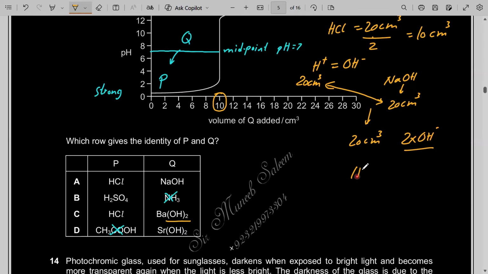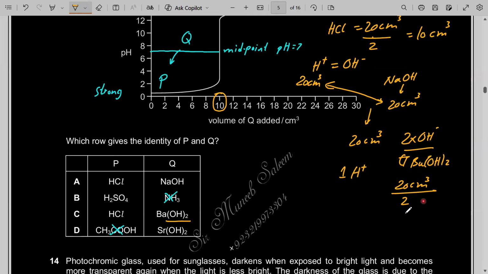But the hydrogen ions were just 1 mole. So to make it equal, you had to take half of these 2 moles of the hydroxide ion, which is present in barium hydroxide. That means the compound was barium hydroxide, which had 2 moles of hydroxide ion. So if it was also 20 cm cube, we had to take half of that to make it equal to the mole of hydrogen ion.